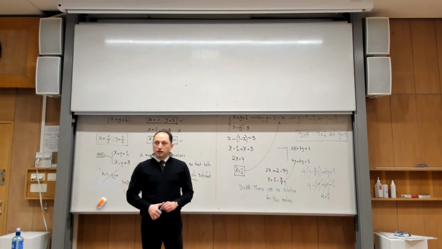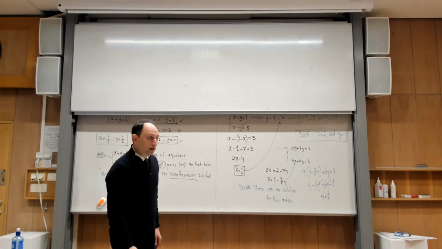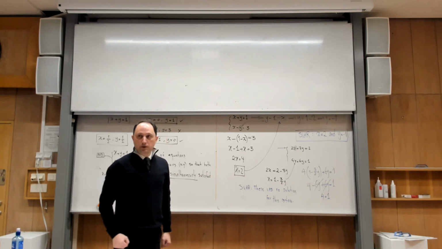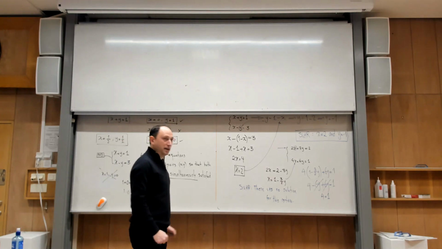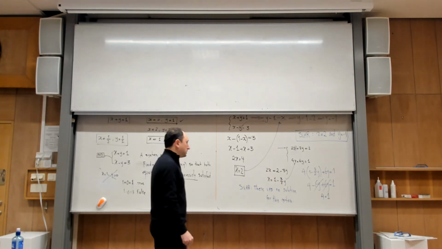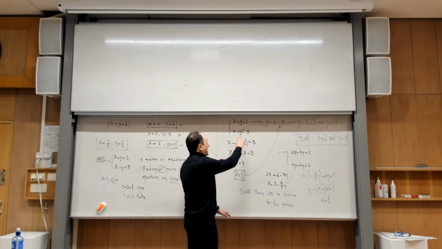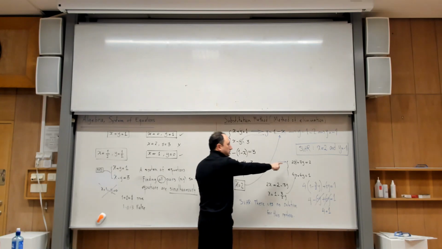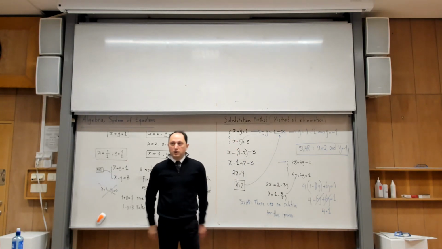Okay? Now I want to test your understanding of going from the algebraic picture to the geometric picture. What do you predict if I do the same thing with GeoGebra, but instead of solving, I ask GeoGebra to draw these two lines? What do you think will happen?